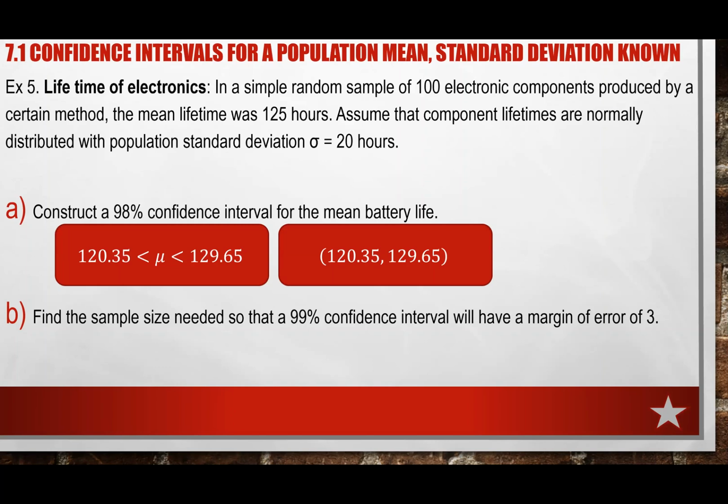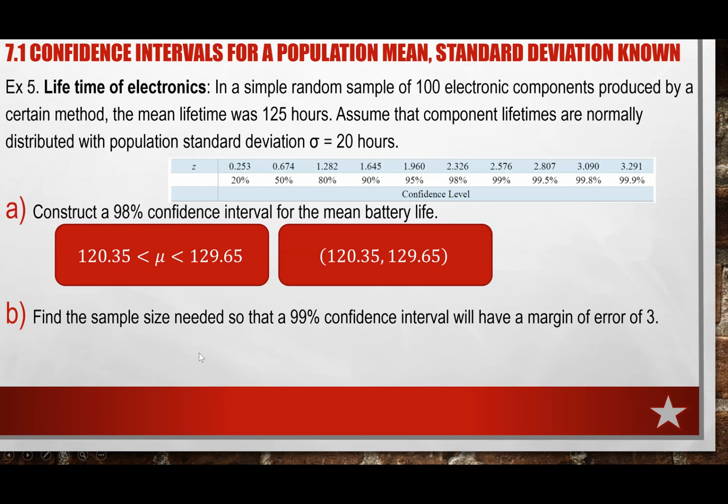Now for B, there's no shortcut. For B, you have to plug into that formula, and to plug into that formula, you need that critical value, ladies and gentlemen. Everybody see that right here. For part B, they actually ask you to find the sample size, and to find the sample size, you need that critical value.